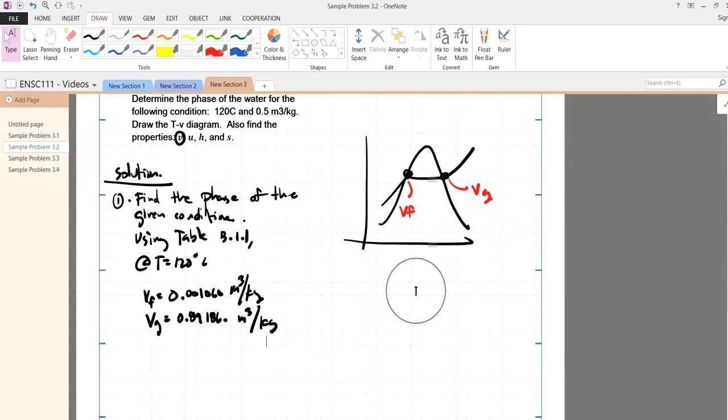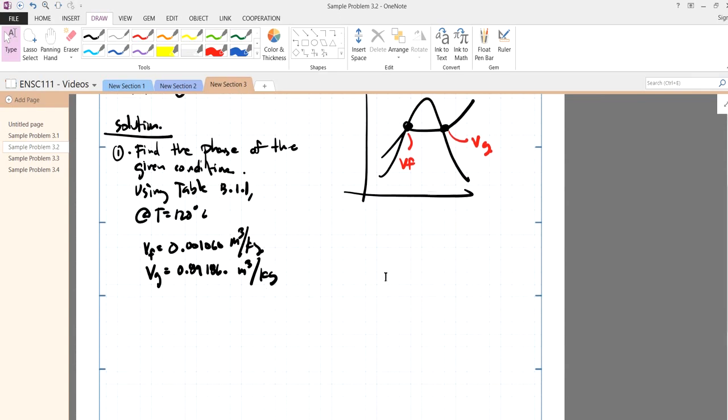So therefore, our given V is 0.5 cubic meter per kilogram.